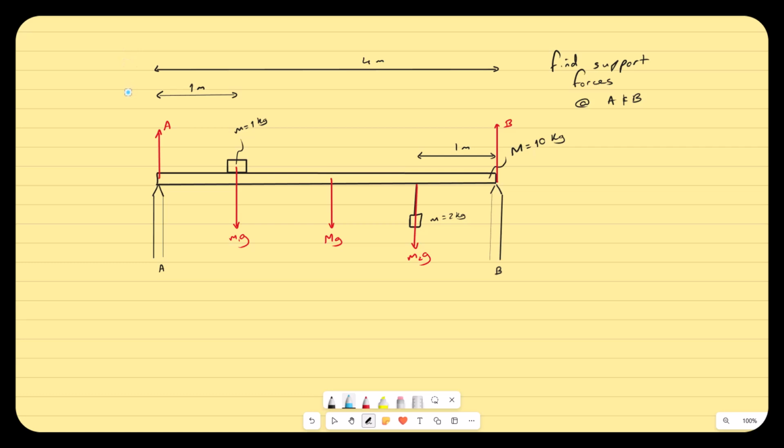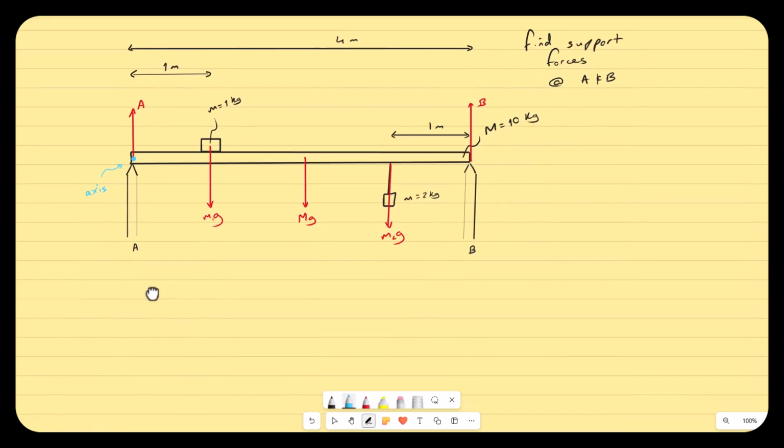The most likely places where I would choose an axis are at one of the ends where there's a force, or at the center of mass. I'm going to choose over here at the far left side, and I'll show you why as I go. So I'm going to choose that as my axis point.